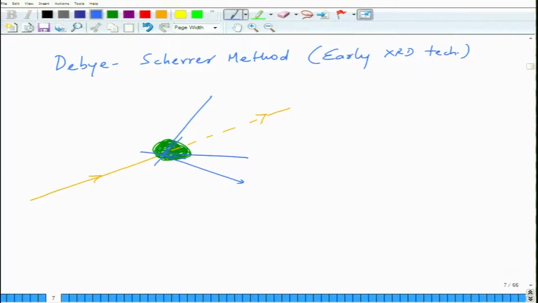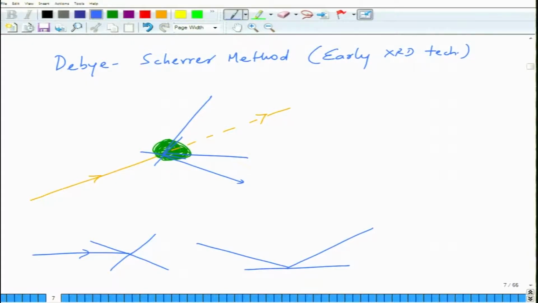Similarly, in 3D you will have multiple orientations. Bragg geometry is this geometry. This is your incident beam. Your plane can be present like this, your plane can also be present like that, your plane can be oblique in another direction which we cannot see.